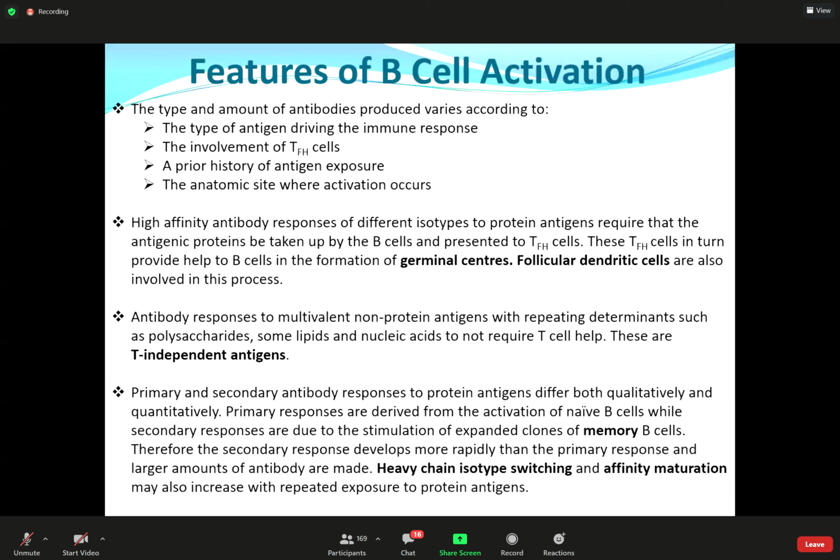So in summary, the induction of isotype switching, whether a B cell makes IgG, IgA, or IgE, is dependent on the type of antigen, whether it's a bacterial cell, whether it's a virus, or whether it's an allergen, like a pollen grain or a food particle, as in the case of type 1 hypersensitivity.